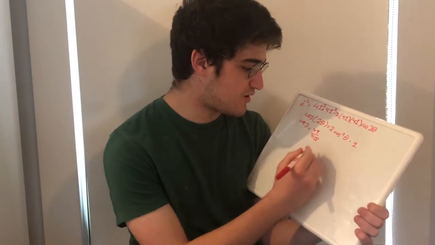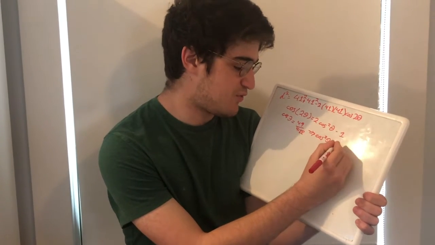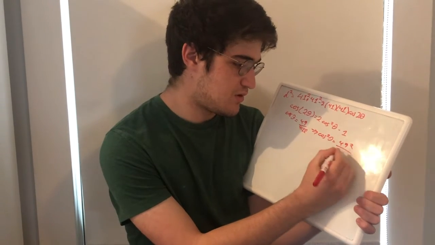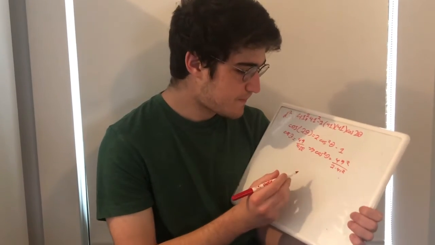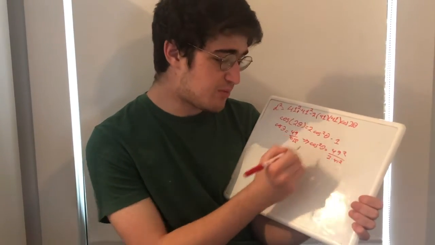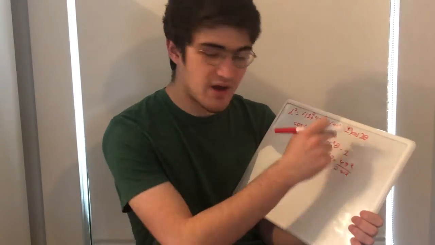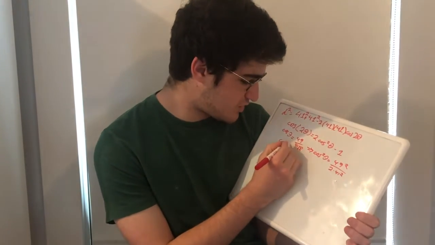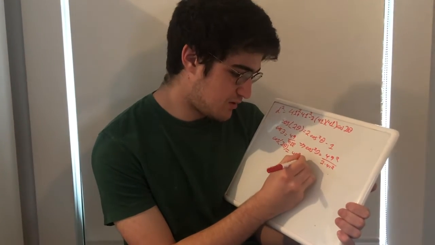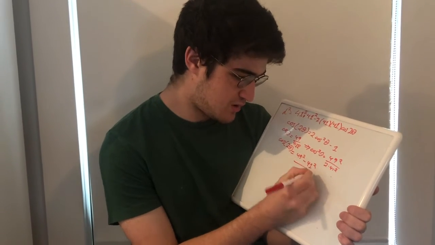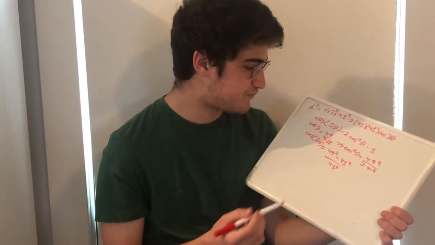So cosine squared theta is just going to be equal to 49 squared over 2 times 41 squared, right? Now, if we double that, so cosine of 2 theta, we're going to just knock off the 2, and then we're going to subtract 1. So we're going to get cosine of 2 theta is equal to 49 squared minus 41 squared over 41 squared, and I hope you can see why that is.